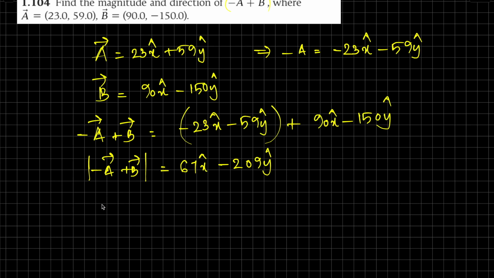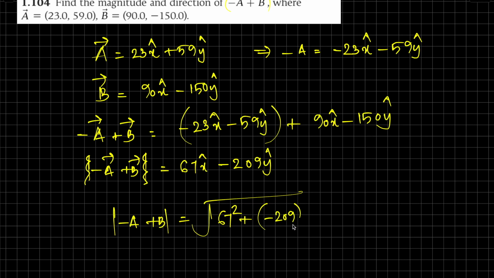It's the vector itself. How do you find the magnitude? The length of minus A plus B equals square root of 67 squared plus minus 209 squared. That will be 219.5.